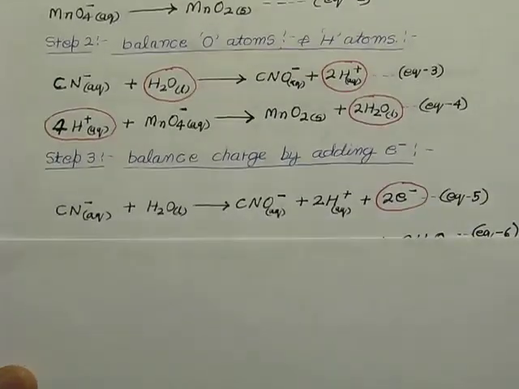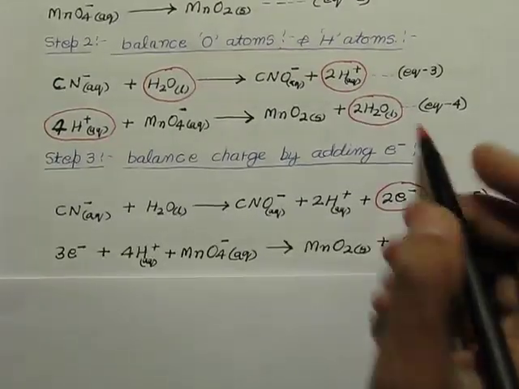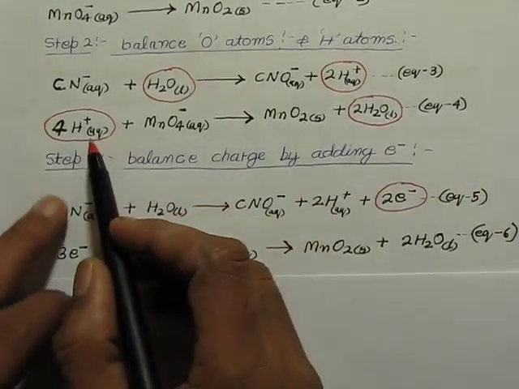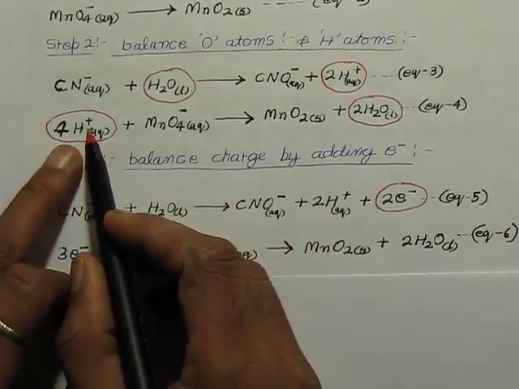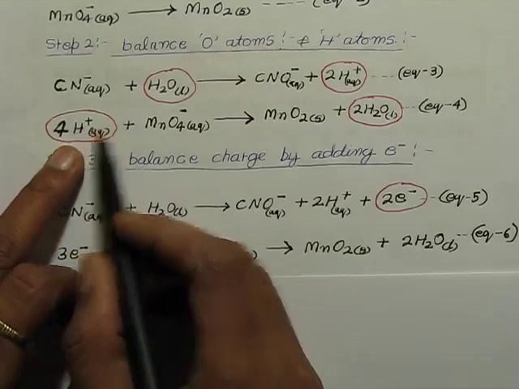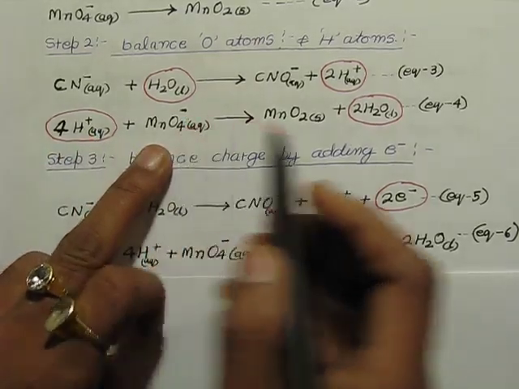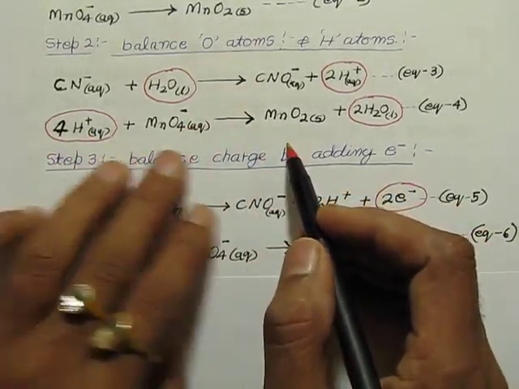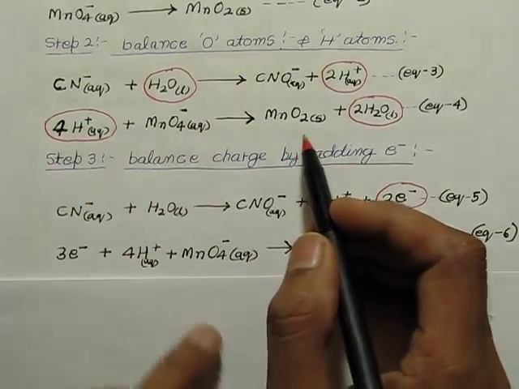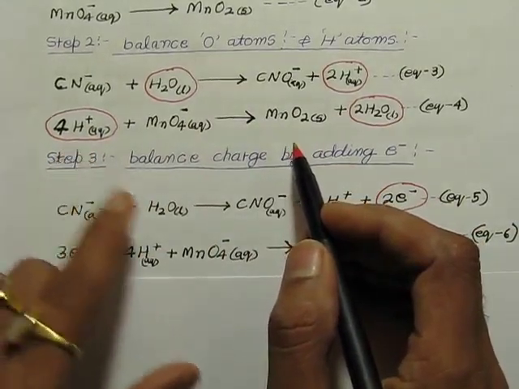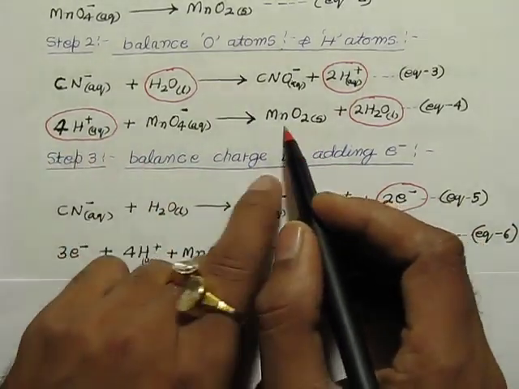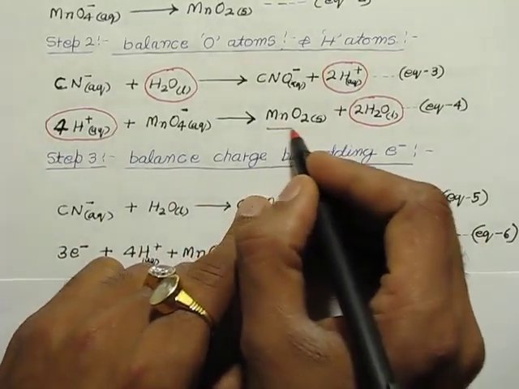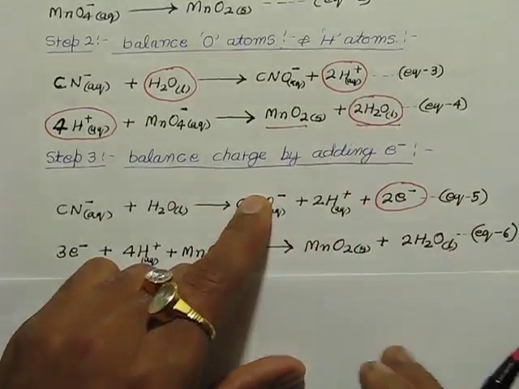And what will happen for equation number 4? If you see equation number 4, there is a 4 plus charge due to hydrogen ions and 1 minus on the reactant side. So total, there are extra hydrogen ions on this side, but these molecules are both neutral, so there is no charge.